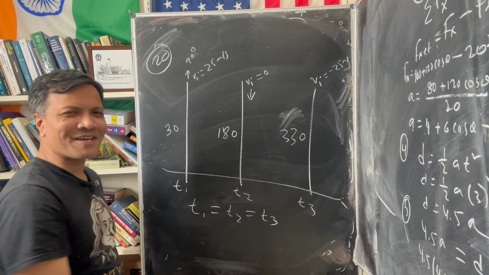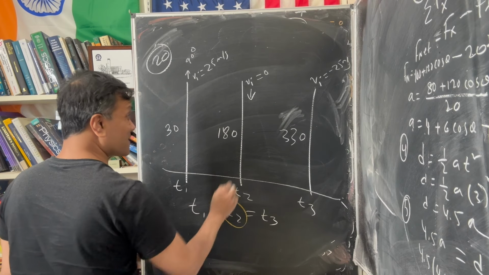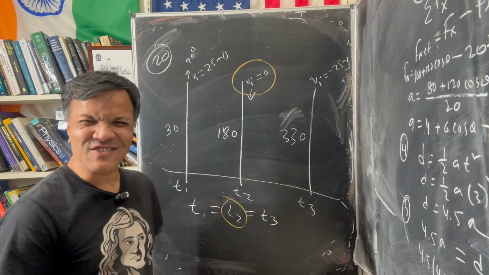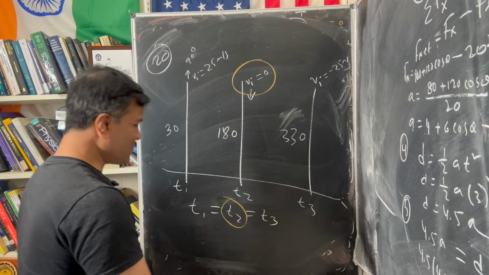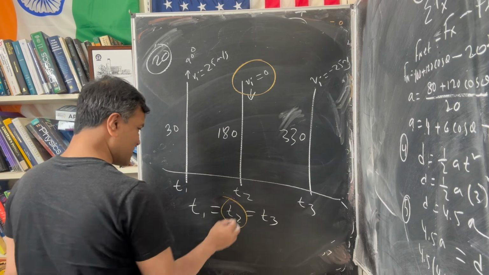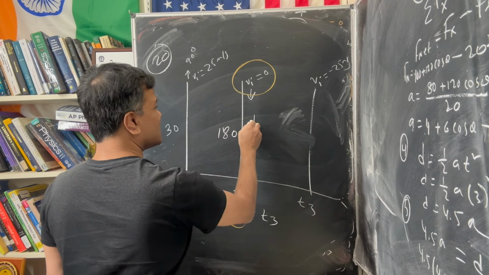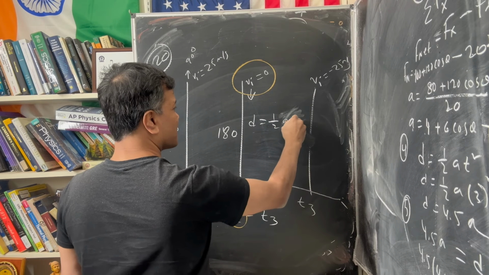So which one would be the easiest to find? This one would be the easiest to find because it's free fall, it's dropped. So if you know T2, you know T1 and T3. There you go. So you can find T2. How can you find T2? D is equal to half a t squared.